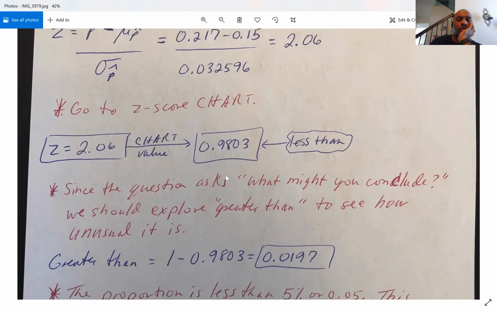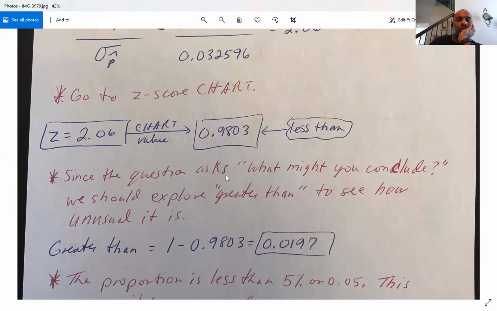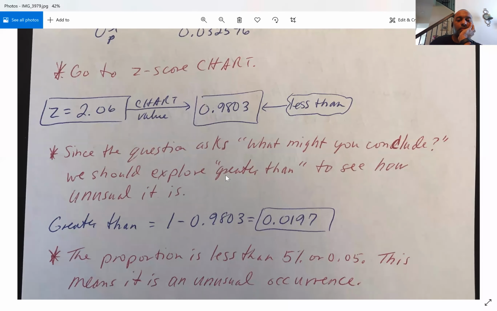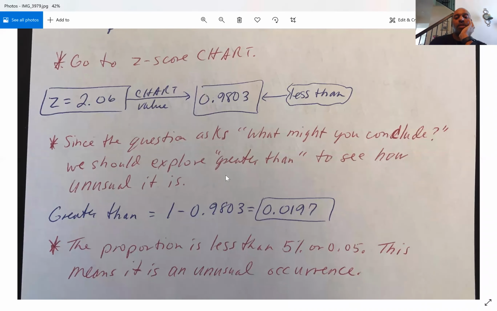Now hold on to the z-score formula. Once again, we have a proportion that's less than 5%, so this means it is an unusual occurrence.